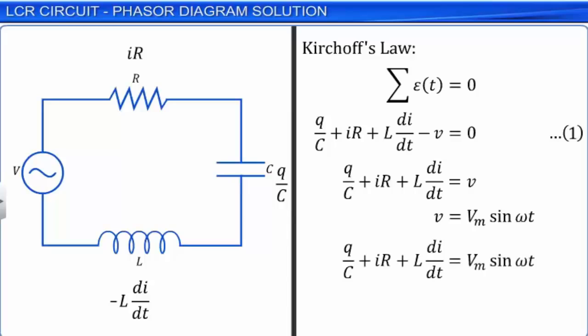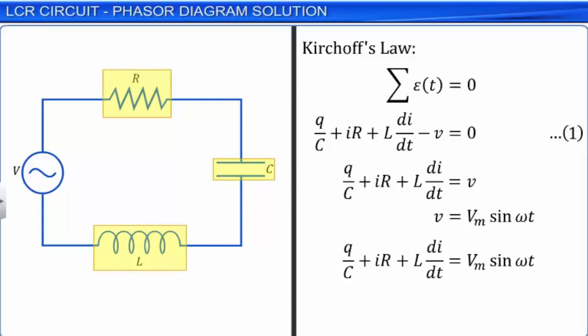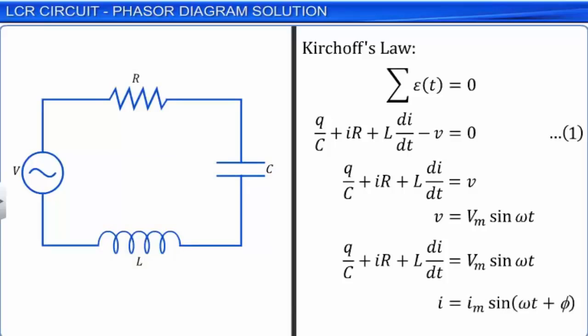As we know that the three circuit elements are in series, the current I through them is the same. Thus, we have I equal to Im sin(omega t plus phi), where Im is the amplitude of the AC current in the circuit, omega is the angular frequency, and phi is the phase difference.